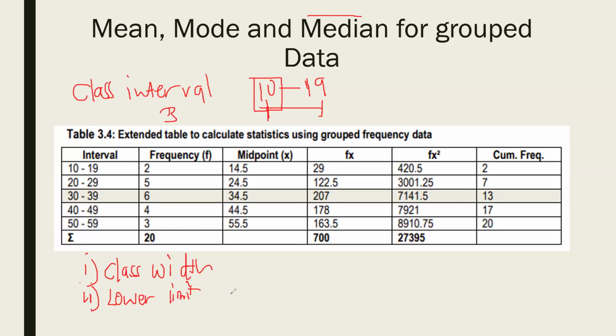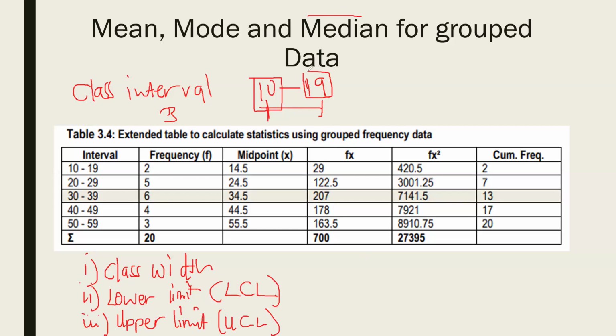Some might call it LCL, lower class limit. It just means lower limit. Then three, we have what we call the upper limit, also known as the upper class limit. That is the maximum, or highest, value that can be achieved in that class. In this case, that will be 19.